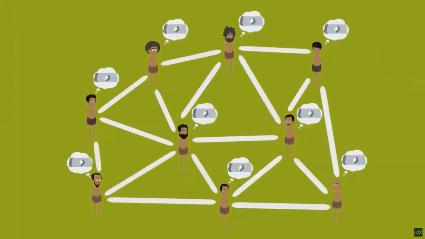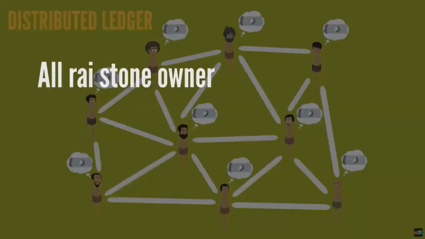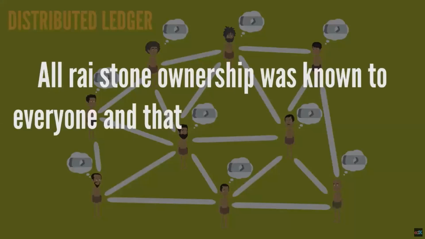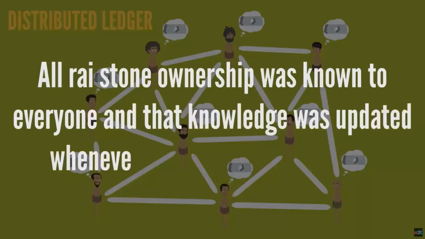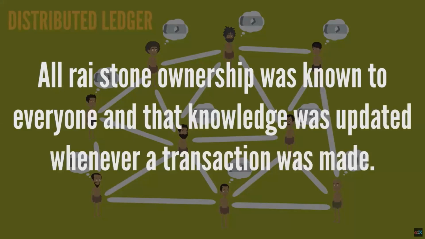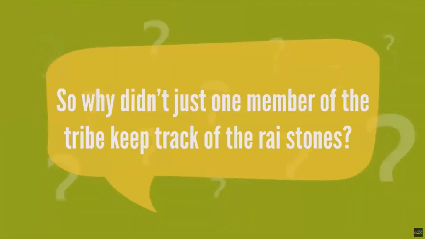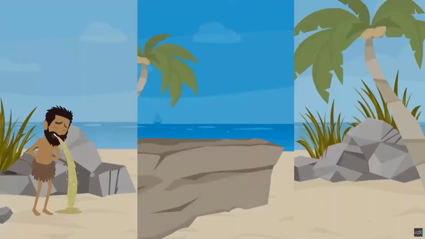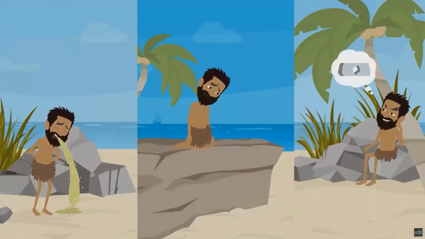In today's description, this would be called a distributed ledger. All rye stone ownership was known to everyone, and that knowledge was updated whenever a transaction was made. So why did just one member of the tribe keep track of the rye stones? What if that main record keeper was sick, unable to do their job, or was found to be dishonest?